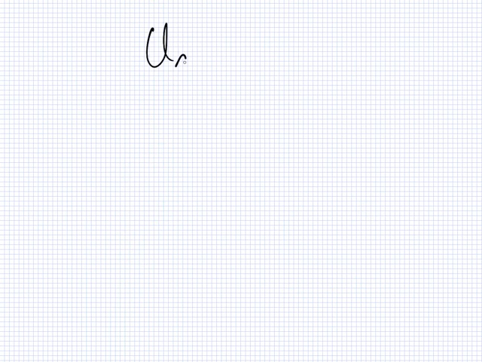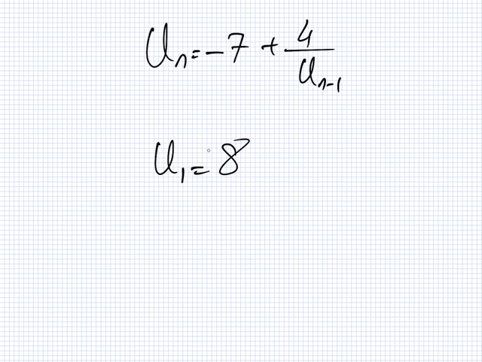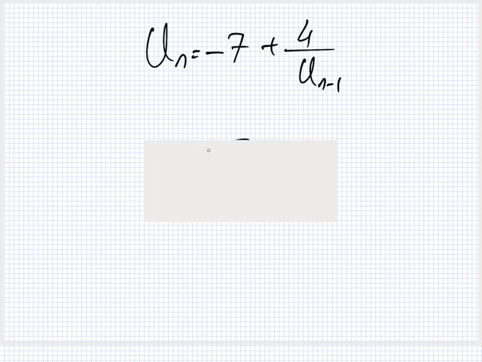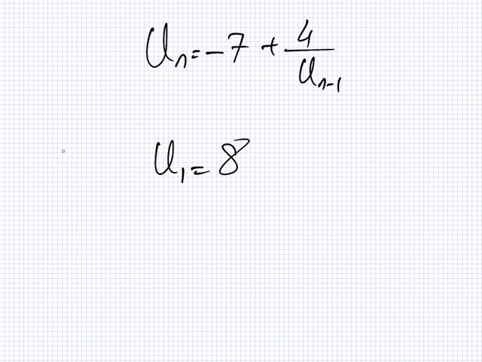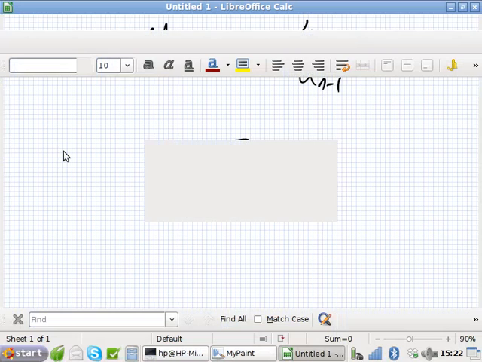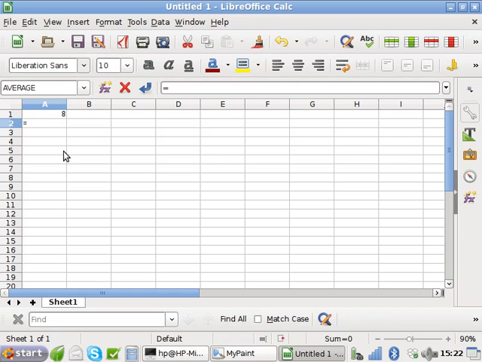So I have my sequence is minus 7 plus 4 over un minus 1, and I tell you to start at 8. Okay. Right. So can you just read this formula back to me? So what was the formula? Minus 7 plus 4 over the previous term. Yeah.